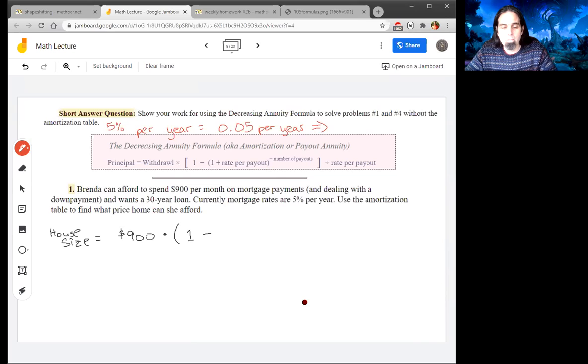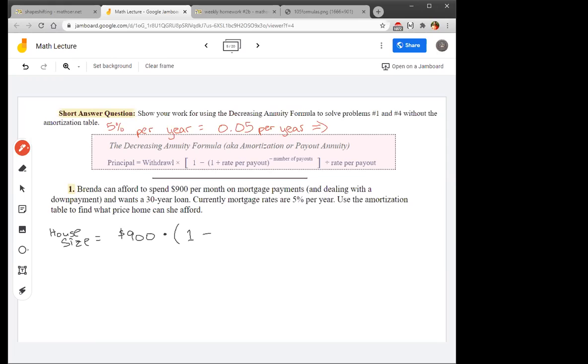What's the monthly rate going to be? Is it going to be just 5% or is it going to be 5% of 900? Neither of those.